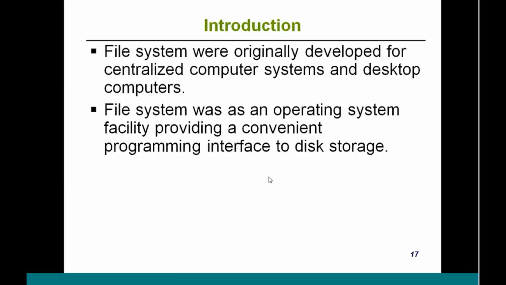So let's look at the file system. The file system was originally developed for a centralized computer system or a desktop system. It was an operating system facility providing a convenient programming interface to disk storage. You know that there is memory itself, and we will go into the various hierarchies of memory, but there is a storage that you can think of in the software context where the programs are stored.